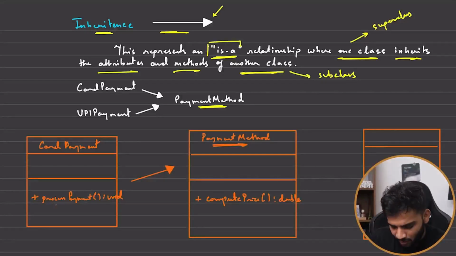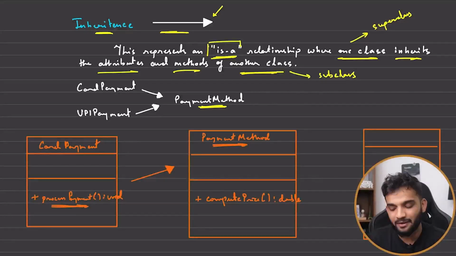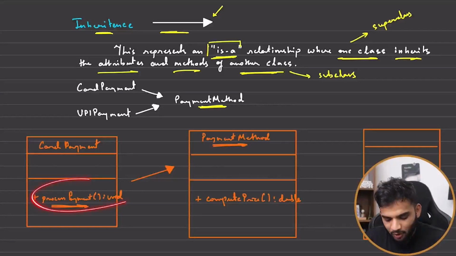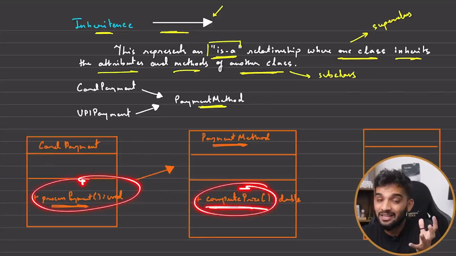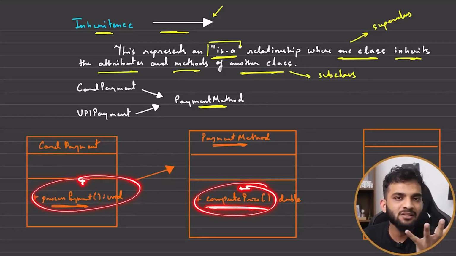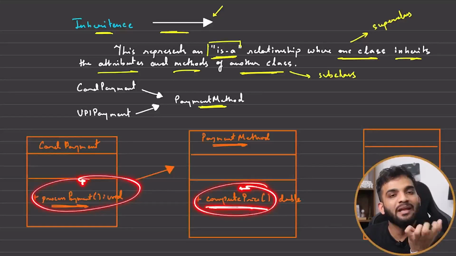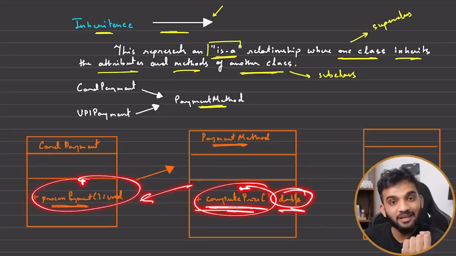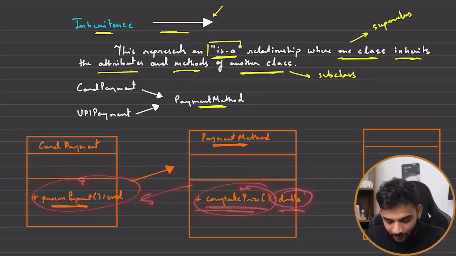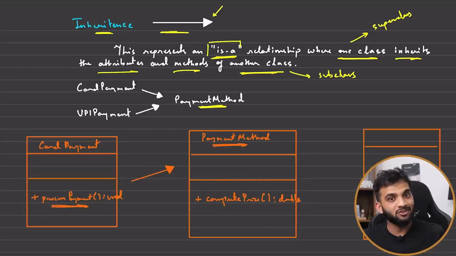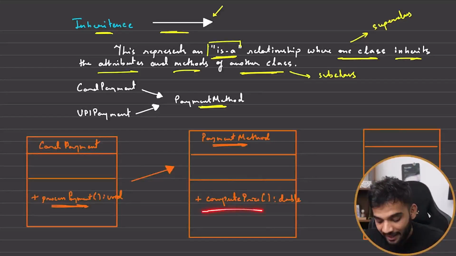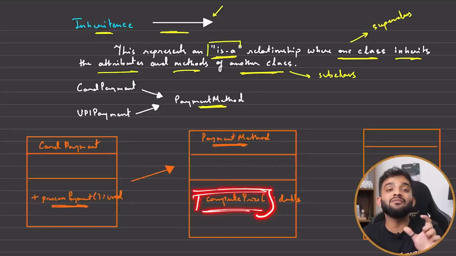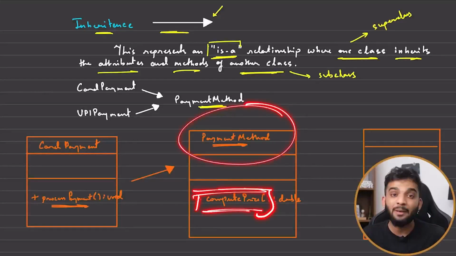Now, whenever I'm going to write or implement process payment, you know what will happen? The process payment will first use the compute price, like what is the price. After that, I can have my logic for card. So I'll get the price, and then I'll implement my card logic. So this is where I'm inheriting a certain functionality of payment method.